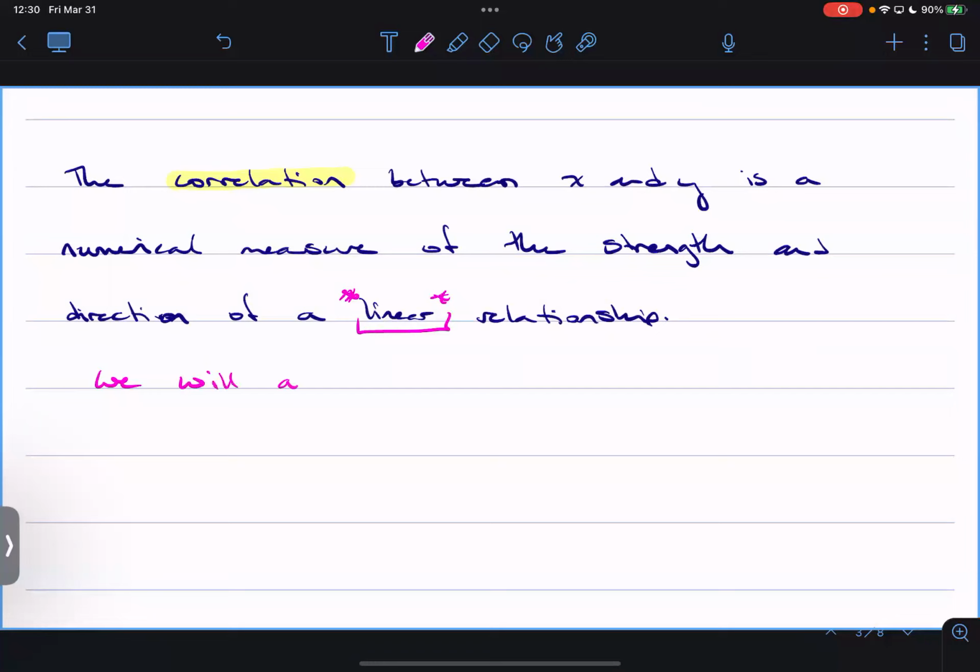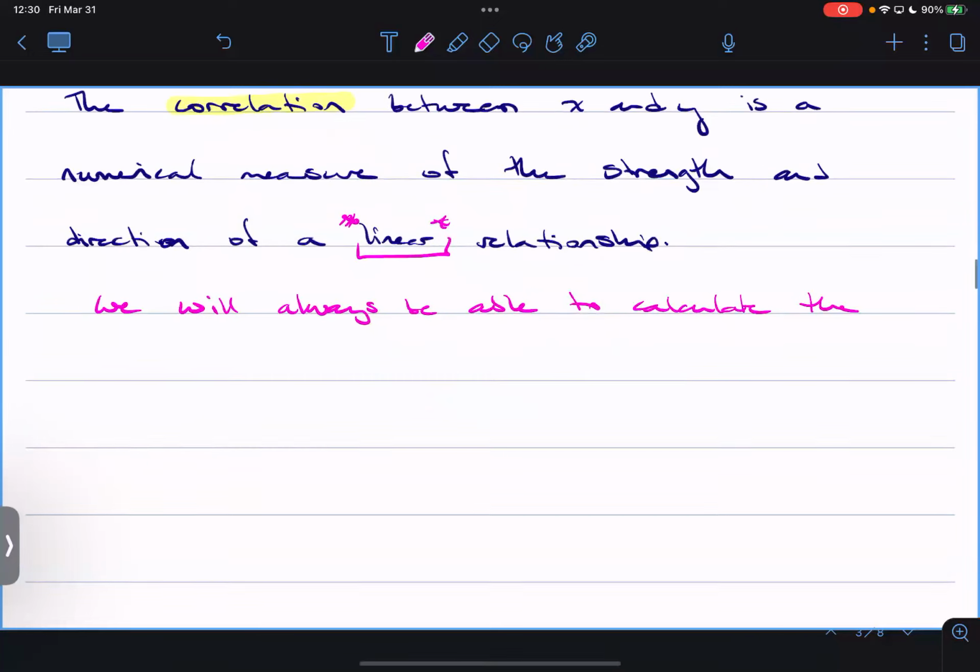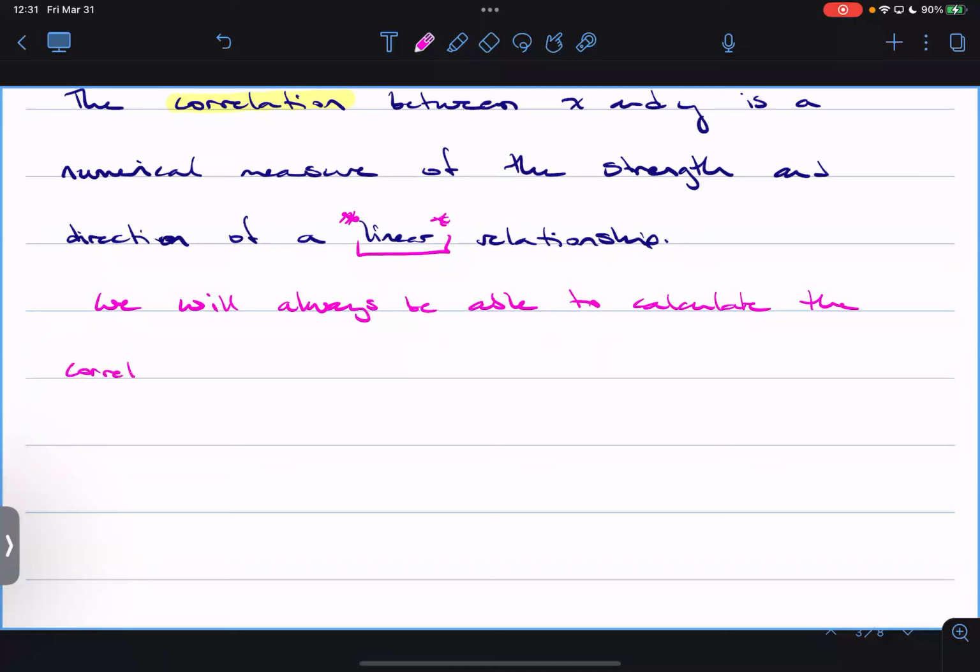We will always be able to calculate the correlation, but it only applies if the relationship is linear.